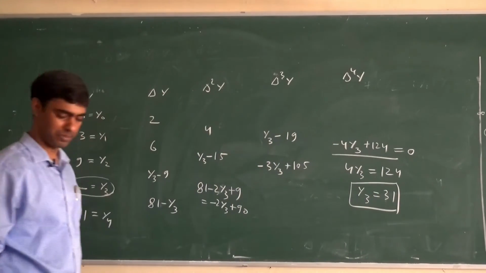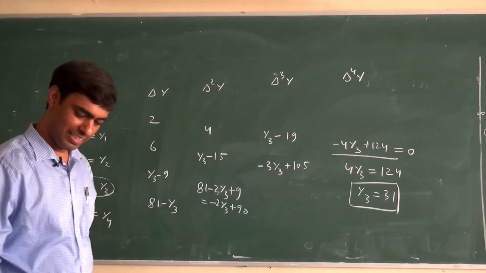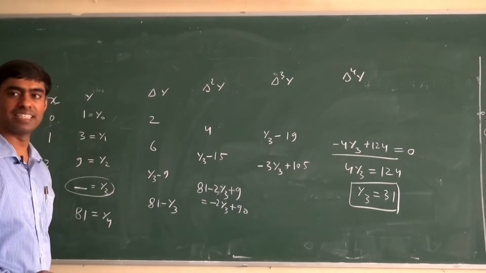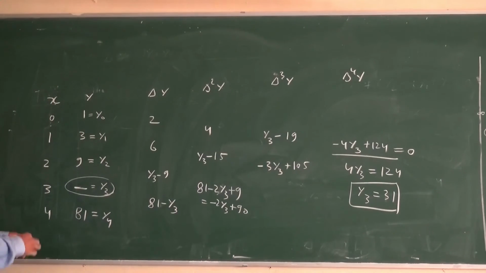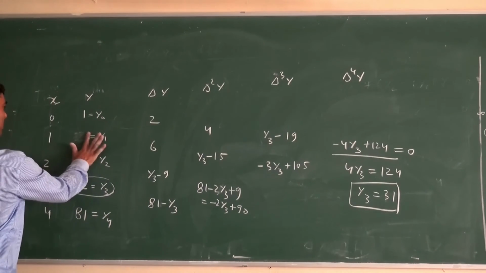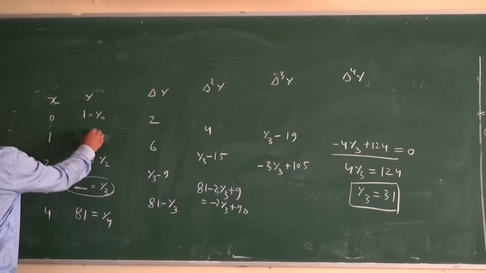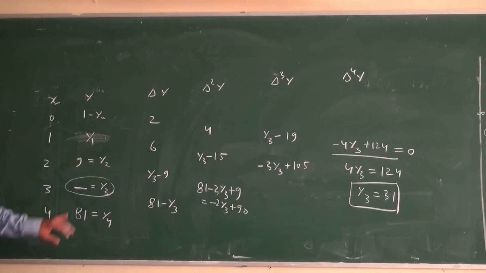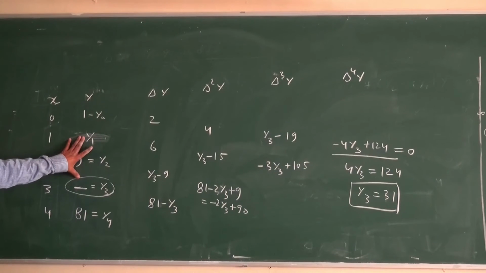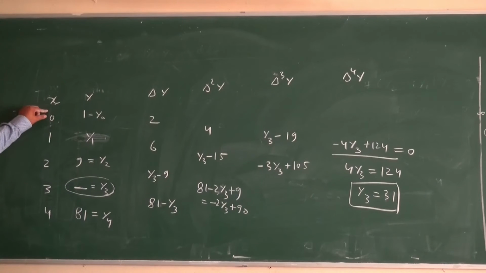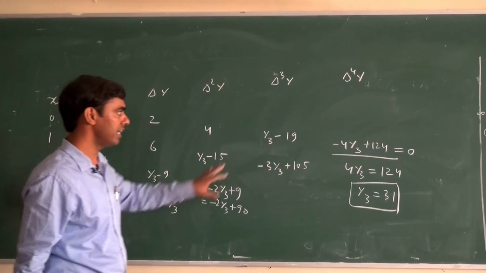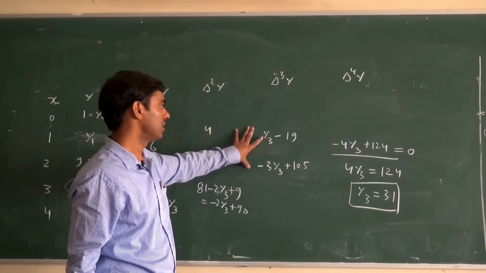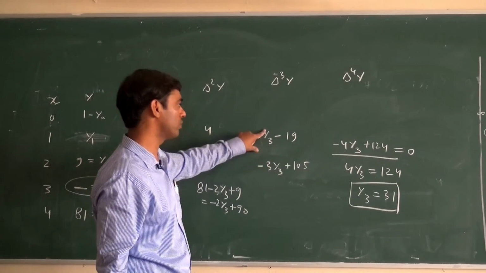So here there is one missing term, and suppose there are two missing terms. Suppose this one, y1, is also missing. So there are two missing terms. How many unknown values? Two, and three known values, so the third difference becomes 0. There are two equations.